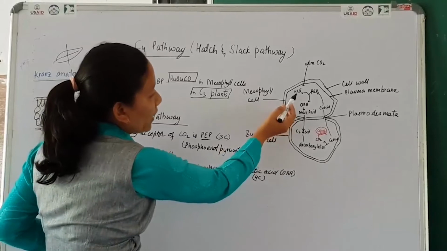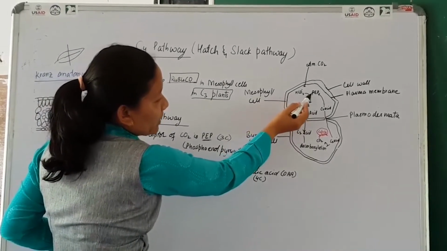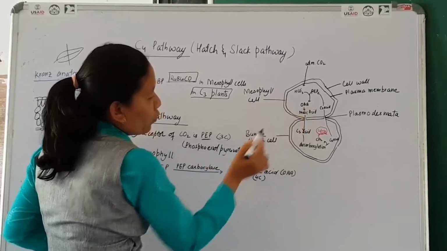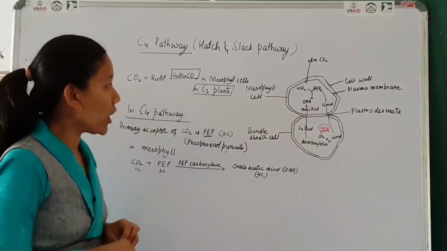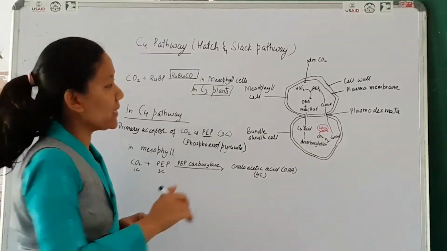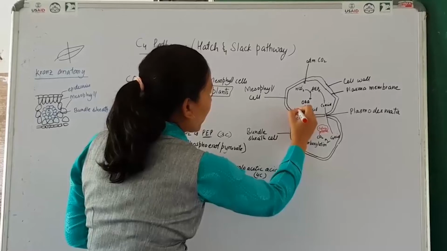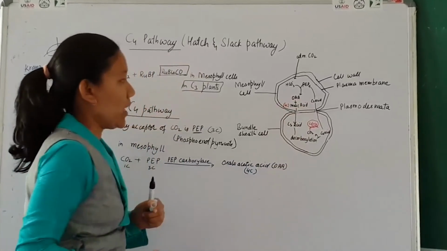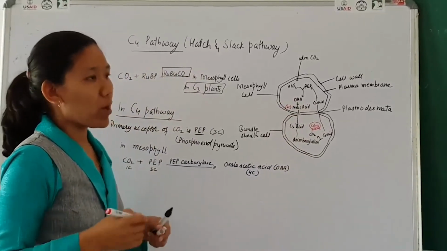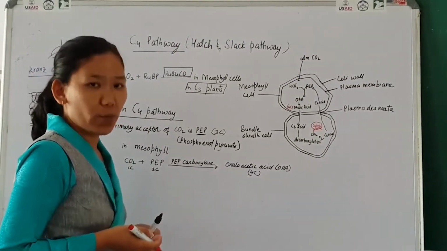Okay, this OAA, so carbon dioxide in the form of bicarbonate is accepted by PEP forming OAA, and this OAA converts itself into malic acid. Malic acid is again a 4-carbon compound. Or this OAA may also convert into aspartic acid, which again is a 4-carbon compound.